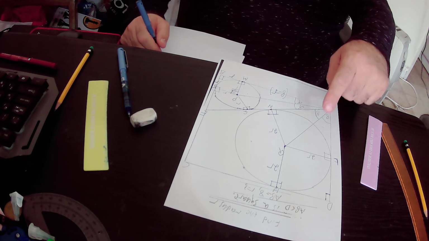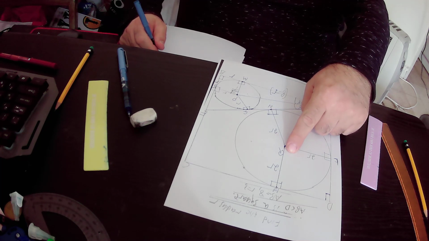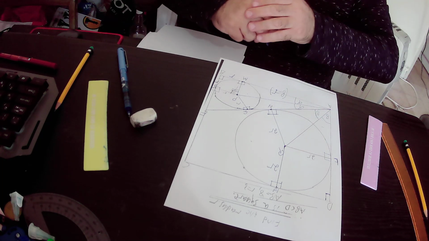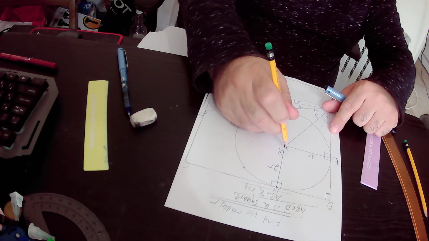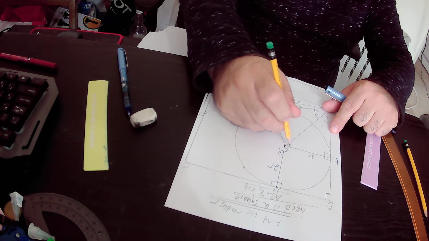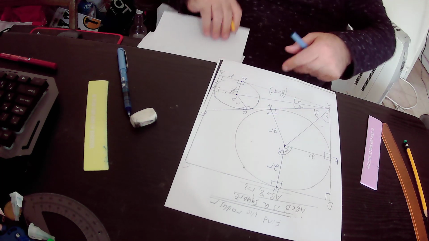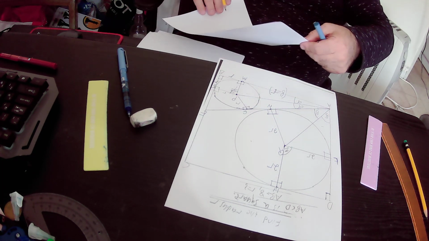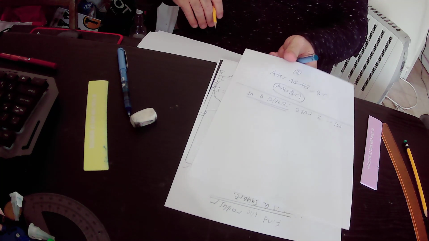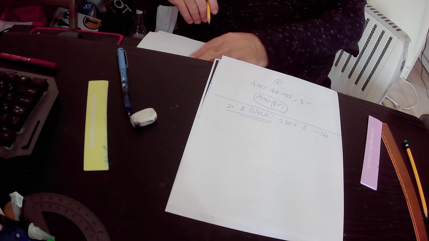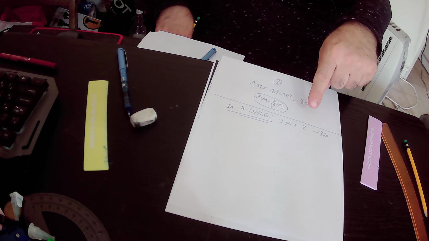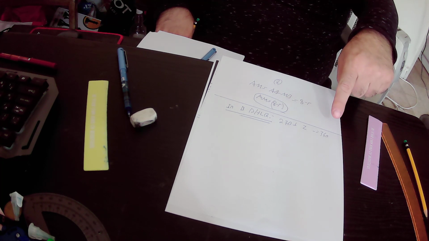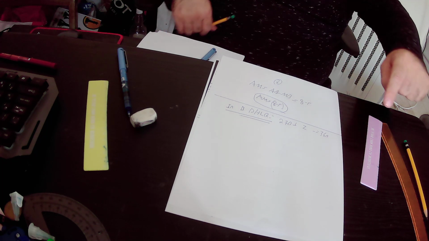If we define the 4th angle as angle Z, then the sum of the 3 angles, 270 degrees, plus the size of the 4th angle must equal 360 degrees.